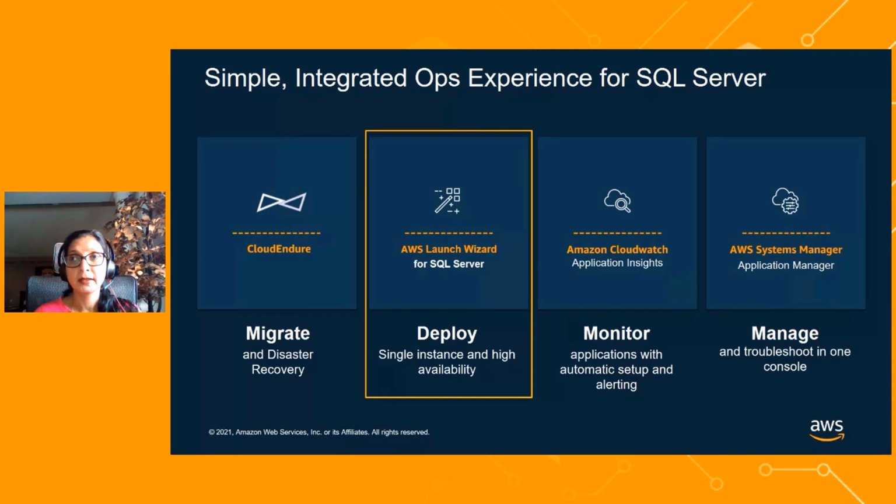For monitoring, we have Amazon CloudWatch Application Insights to automatically set up monitoring and alerts. And we have Systems Manager for management and troubleshooting of your SQL Server. So overall, Launch Wizard helps you integrate your SQL deployment with monitoring and management of SQL Server.